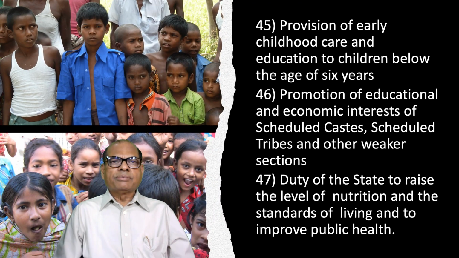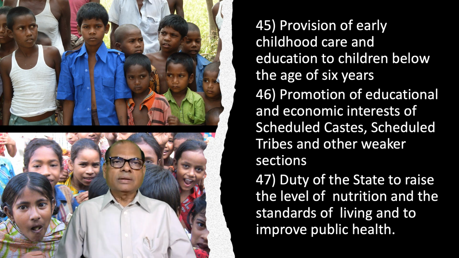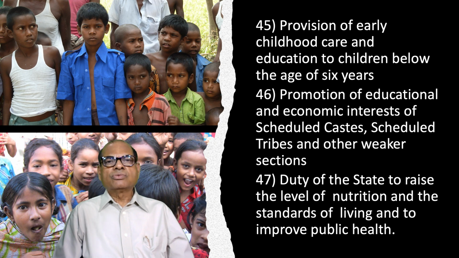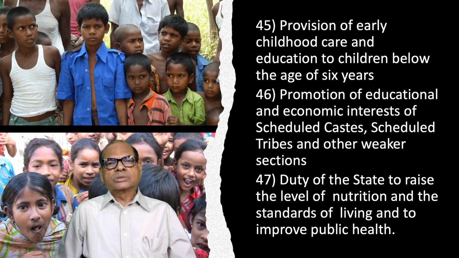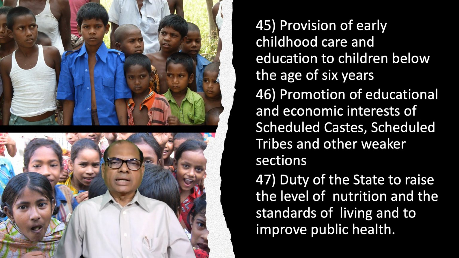Article 15 is about the provision of early child care and education to children below the age of 6 years. Previously, in this article, free and compulsory education for children between 6 to 14 years of age was provided, and the states were advised that they should take steps in that direction.